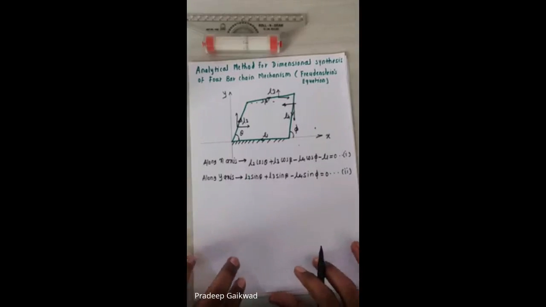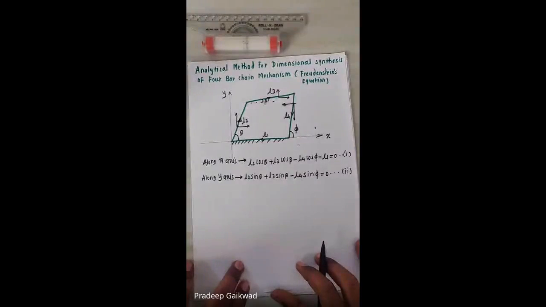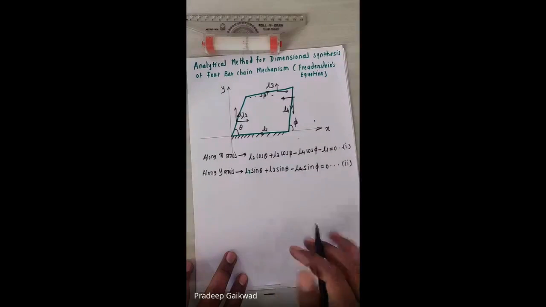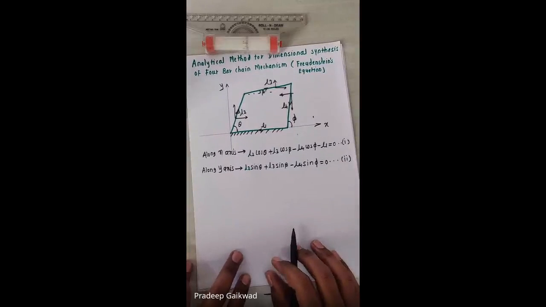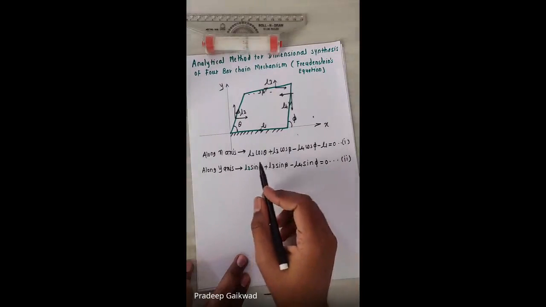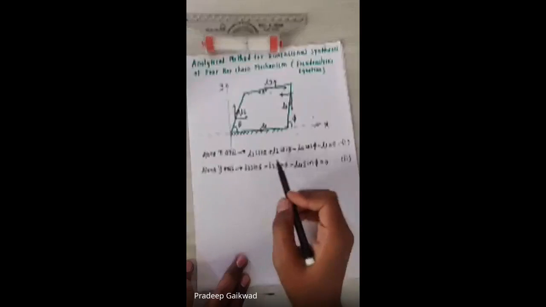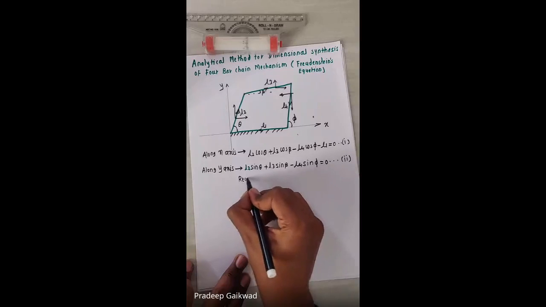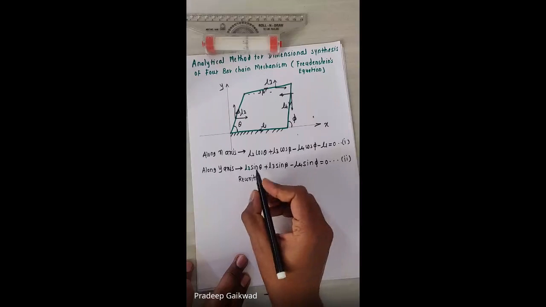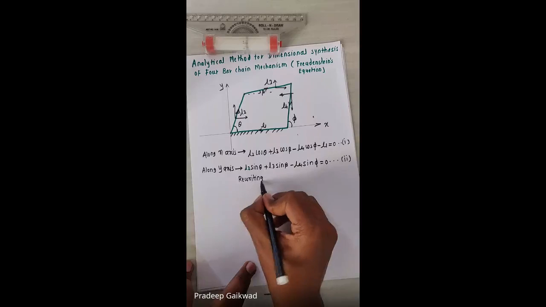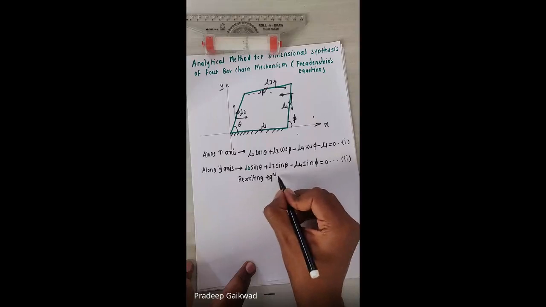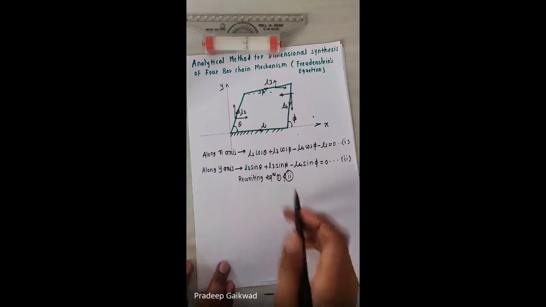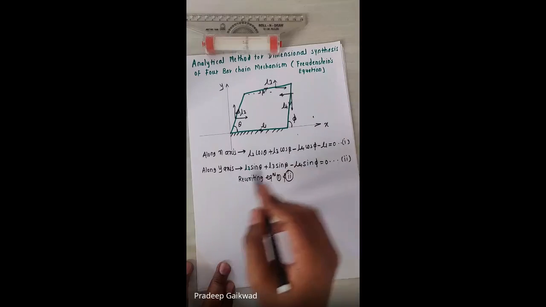So we have written the displacement relationship along the x and y axis. After this, I can rewrite these equations in order to get some terms from them. Let's simplify by taking the L3 term to one side. Rewriting equations 1 and 2, L3 cos beta I'll take to one side.